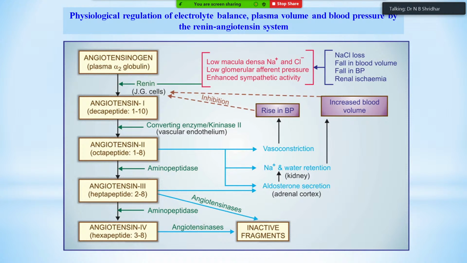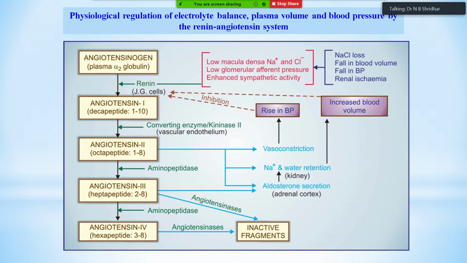This is the physiological regulation of electrolyte balance, plasma volume, and blood pressure by the renin-angiotensin system, also known as the RAS system. Here you can see that angiotensinogen, a plasma alpha 2 globulin, is converted to angiotensin 1 in the juxtaglomerular cells of the kidney, whereas angiotensin 1 is converted to angiotensin 2 by the converting enzyme, angiotensin kinase, in the vascular endothelium.